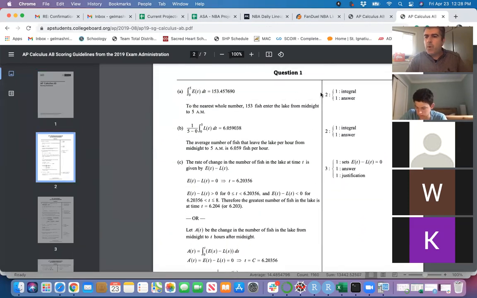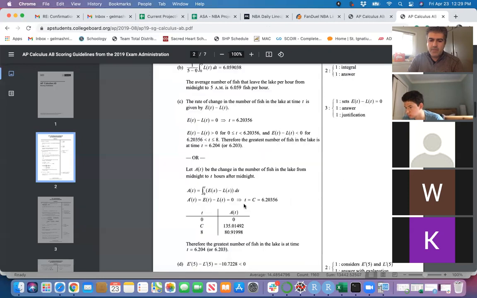You see, they gave you 1 point for writing the integral for part A and 1 point for the answer. For part B, 1 point for the integral, 1 point for writing the answer. If you somehow botch the integral and get the wrong answer, you get nothing. So be very careful. For C, 1 point for realizing E of t minus L of t equals 0.